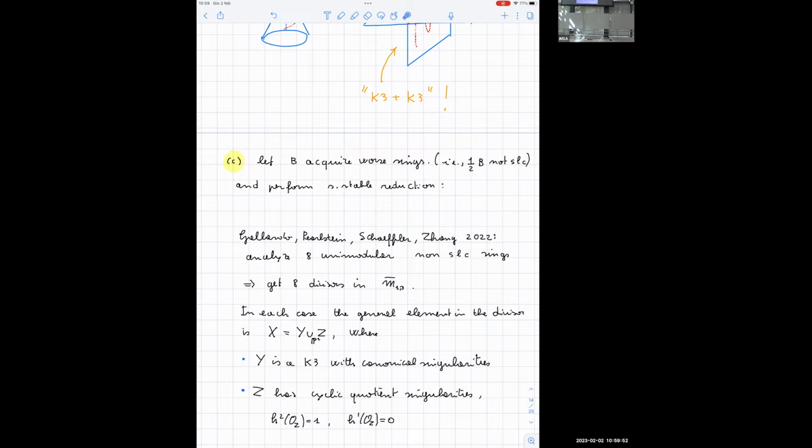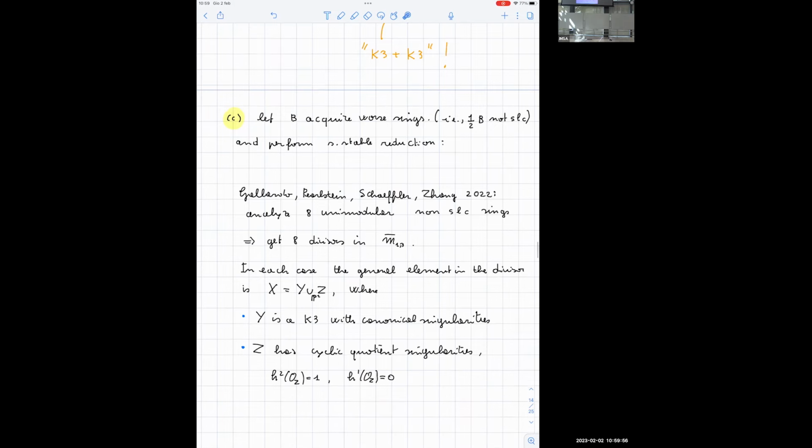And they did a very detailed, very interesting job. They chose 8 unimodular singularities that are not semi-log canonical, and for each of them they studied the semistable reduction. This way they get 8 divisors in the moduli space.